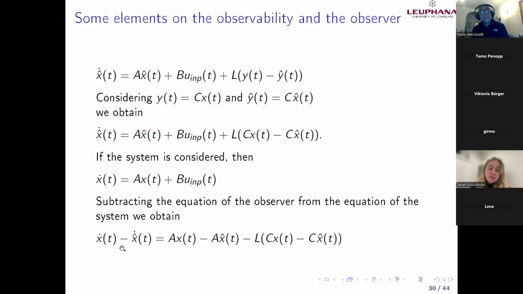But I define x of t minus x hat of t as the observation error, which in this case depends just on the initial conditions. In particular, I would like to show you that the element B multiplied by your input, when I do the subtraction, is cancelled.